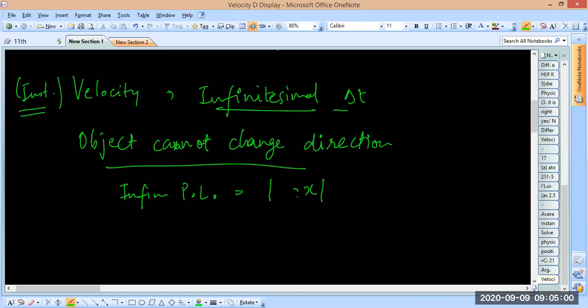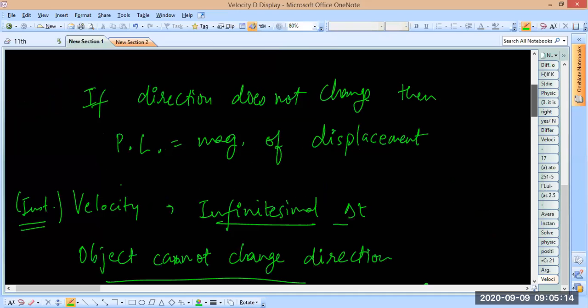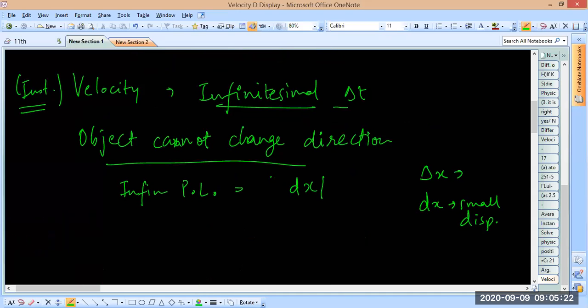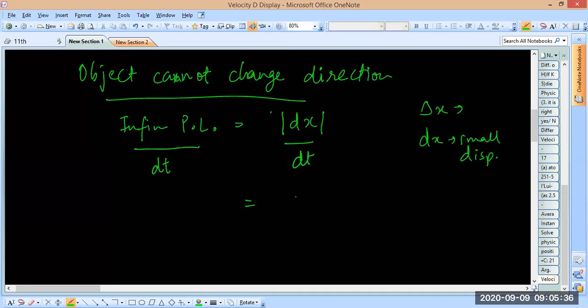For a small displacement, I can write dx. So I've just used this idea, path length equal to magnitude of displacement. Magnitude means modulus. Now if I divide both of these by small time dt, then the right side becomes instantaneous velocity, but in a modulus.